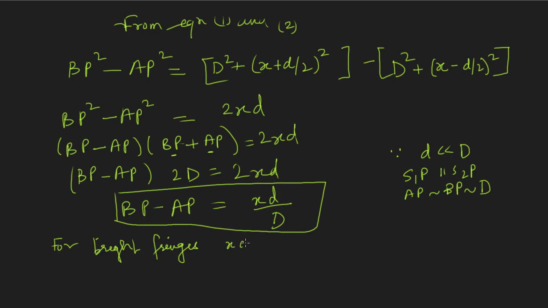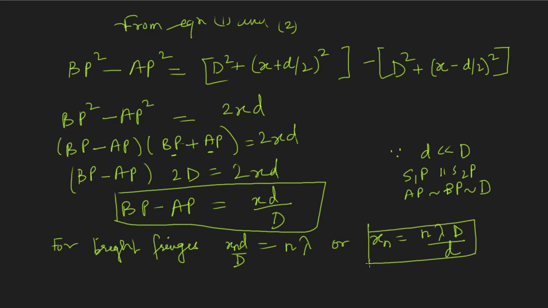So I can write xd by D is equal to n lambda. Here I can denote x_n, or x_n is equal to n lambda D by d. This is my position of nth maxima, where I can write n is equal to 0, 1, 2 and so on.